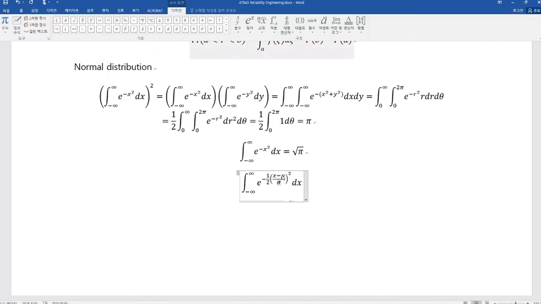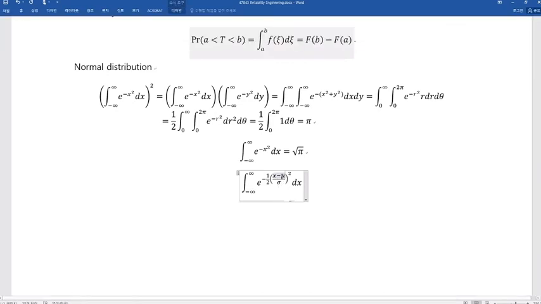So mu would be the mean value of the distribution, and sigma will be the standard deviation of the distribution.